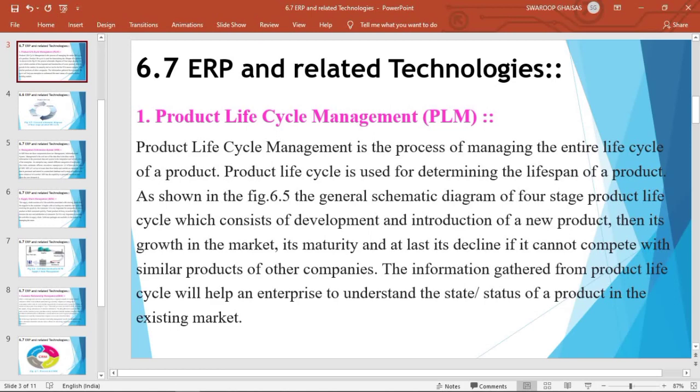You can improve some of the manufacturing of that product so that it will be competent enough and will not decline from the market. So product life cycle management helps to determine the state or status of a product in the existing market. So this is product life cycle management, one of the technologies used with the ERP package.